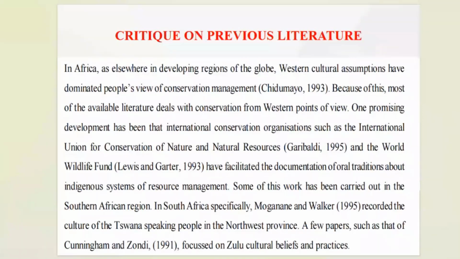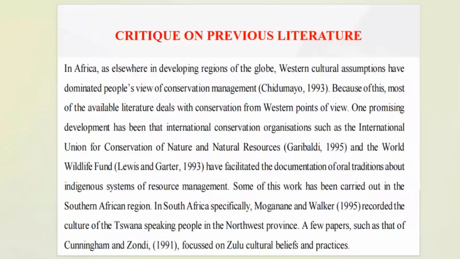Mukhanane and Walker in 1995 recorded the culture of the Tswana-speaking people in the Northwest Province. You see, that is what has happened in South Africa. But a few papers such as that of Cunningham and Zondi focused on Zulu cultural beliefs and practices. Even when I'm still here, I want to say that when we looked at literature in preparation for conducting empirical studies, we noted a number of works, such as one by Van der Waal, that was also not very old.